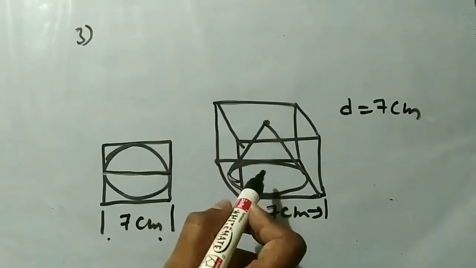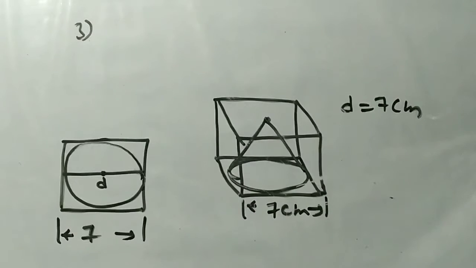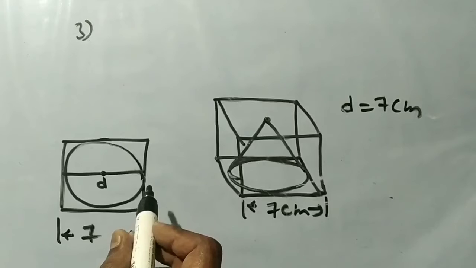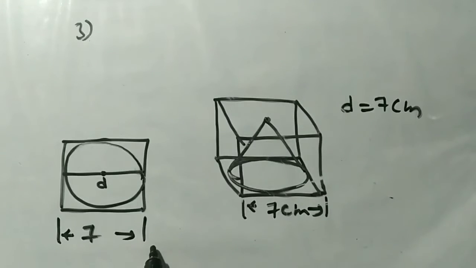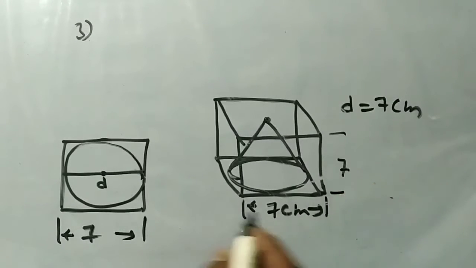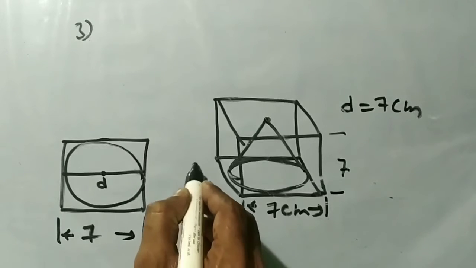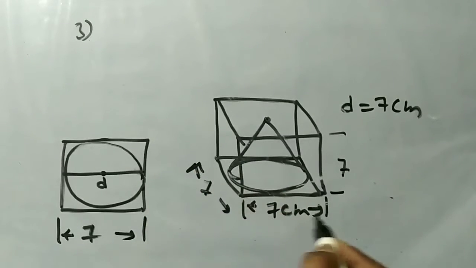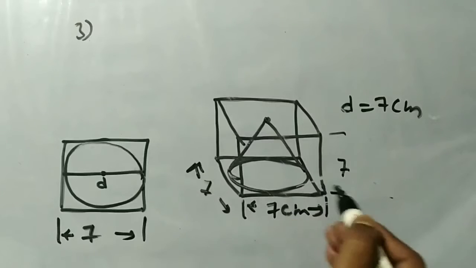And also the height. In the cube all sides are the same. Here this is 7 and this is also 7, the length, the width and the height are all the same.